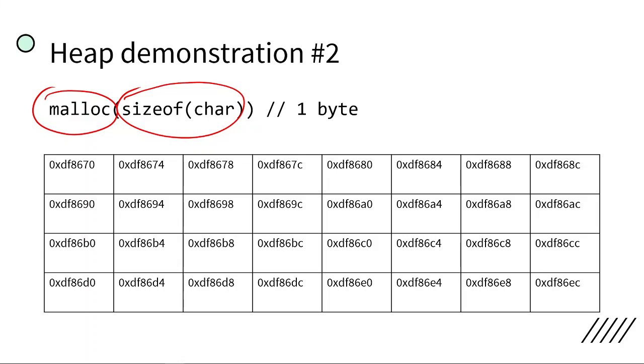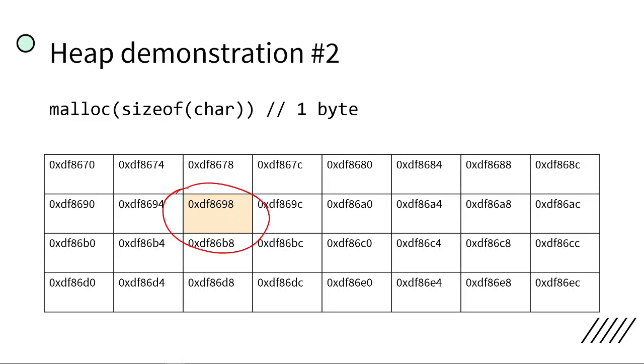For example, the size of a character is 1 byte, so the return of sizeof would be 1. So as you can see here, our memory allocated 1 byte of data.